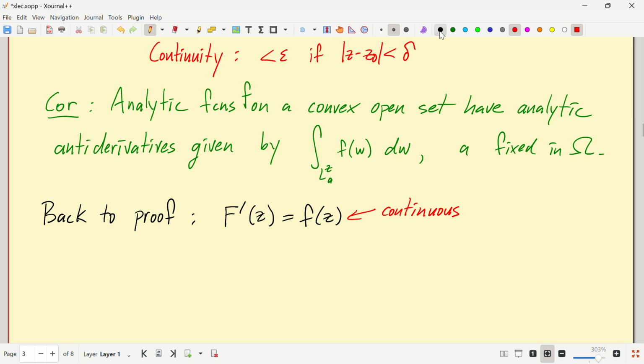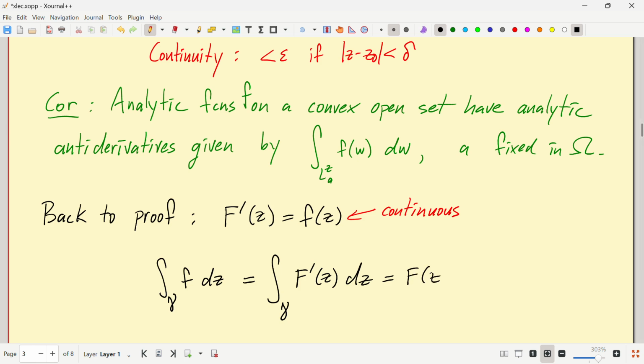So now the big moment that looks like it might have been hard is simply that the integral around a closed contour of f dz would be the integral around of f prime dz, and f prime is continuous. And so I can use, this would be the f at the end minus f at the start.